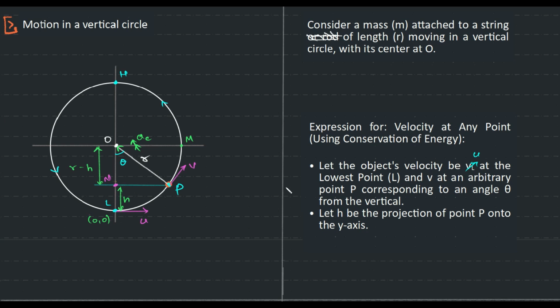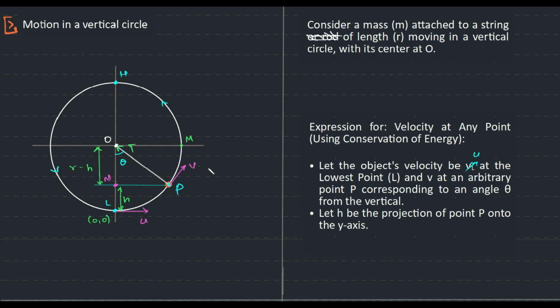Now what we are doing over here is trying to get an expression for V and the tension T over here. This is radius R, or we can just mention it somewhere else. Anyways, I will return to it. Okay, so this is the picture.